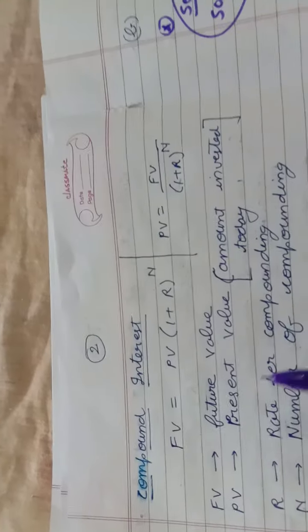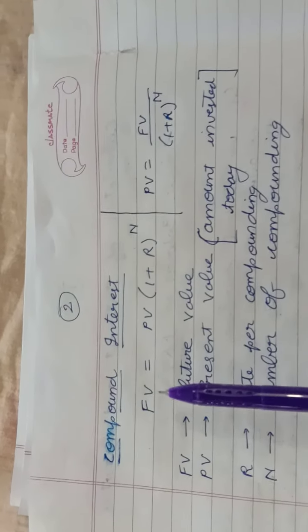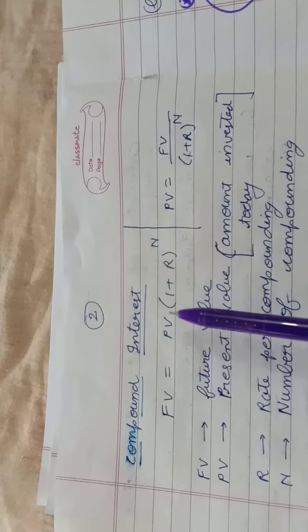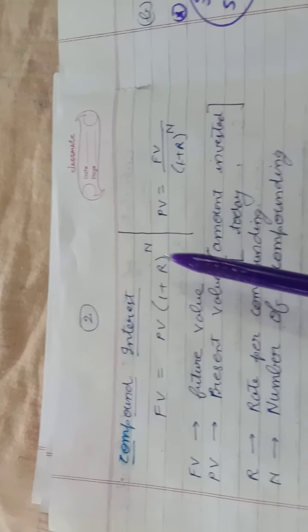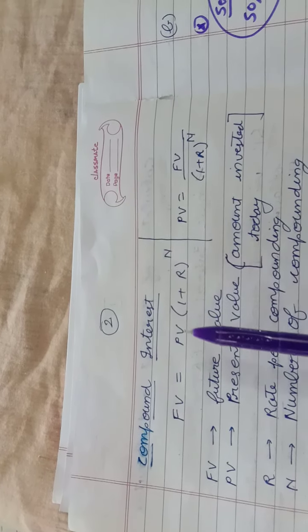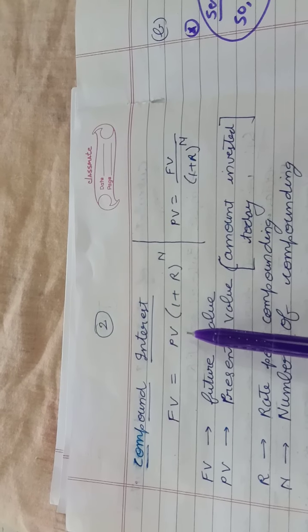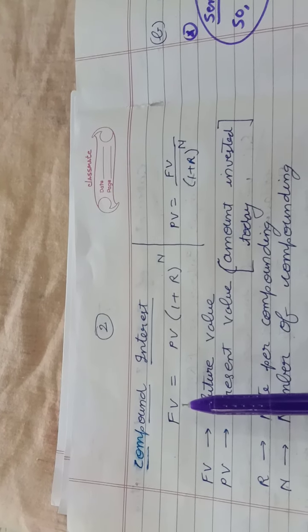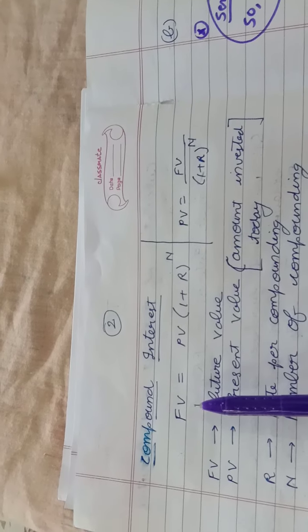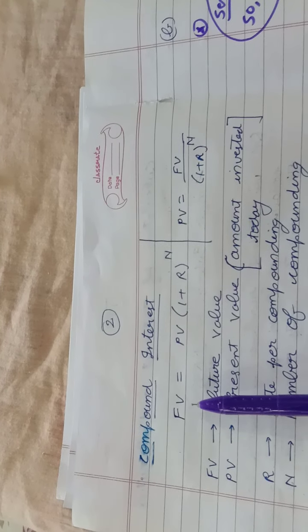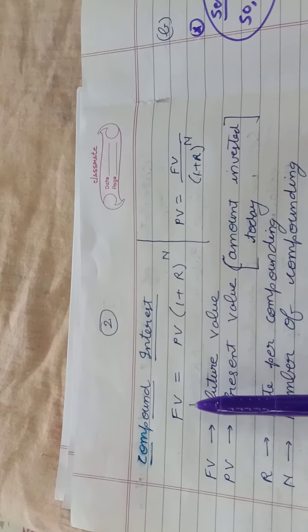See friends, this future value is equal to present value 1 plus R raised to power N. PV is the amount which you are investing today, and this is the future value which you will get after a couple of months, couple of years, or after some period.